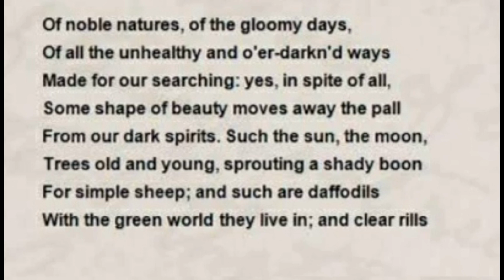These natural things provide a place of solace, a space of rest, and such are daffodils. Daffodil is a type of flower. And then it says the clear rills. Rills are streams, small rivers, or small parts of rivers. So they are a cooling space not only for human beings but even for animals, for birds, and everyone.